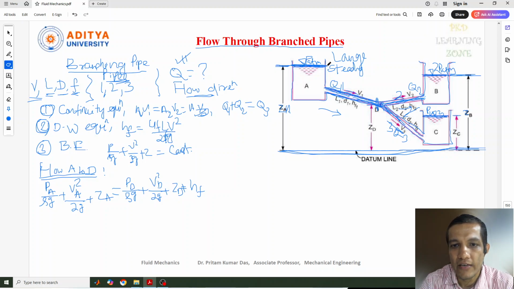If you consider this the surface level, or the initial starting point, taking this as a reference line and connected to the atmospheric pressure, then this pressure head can be neglected. This pressure head can be taken as 0, as it is taken as a reference line, the starting point. Now, similarly, though this container is very large, you can see it is a large container.